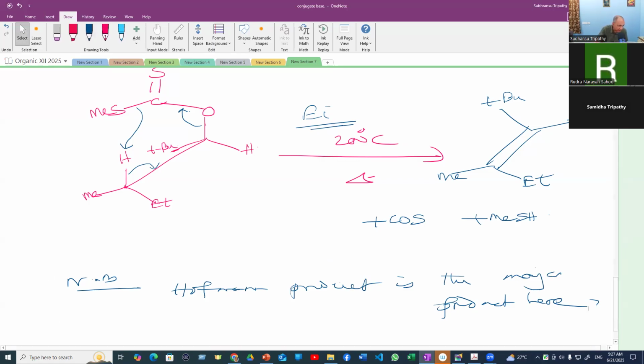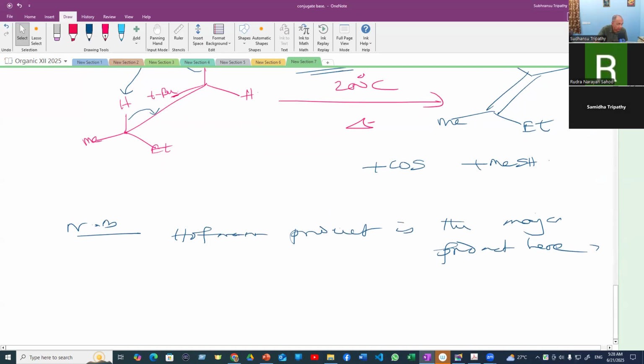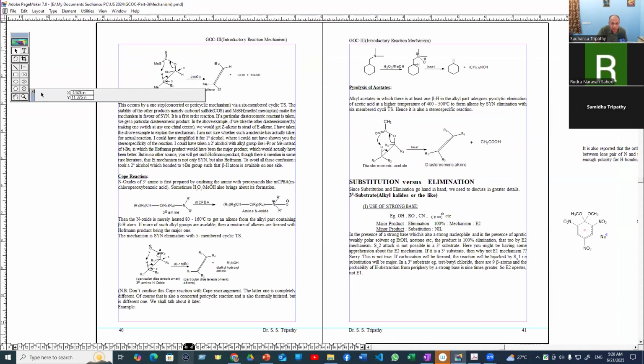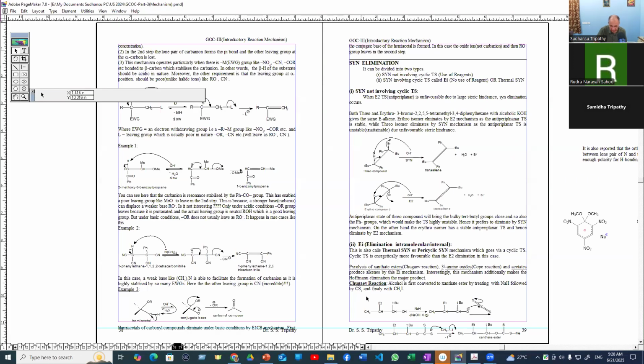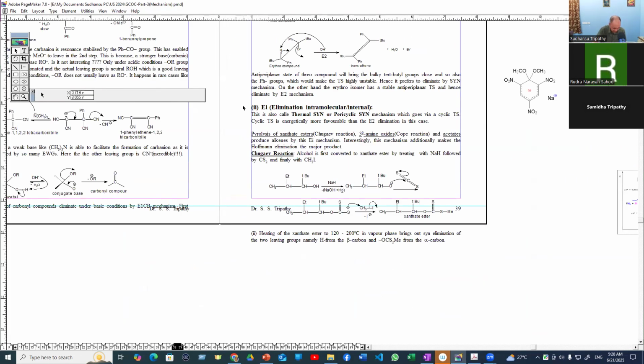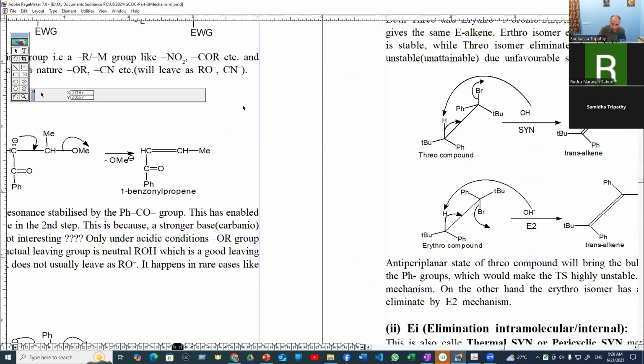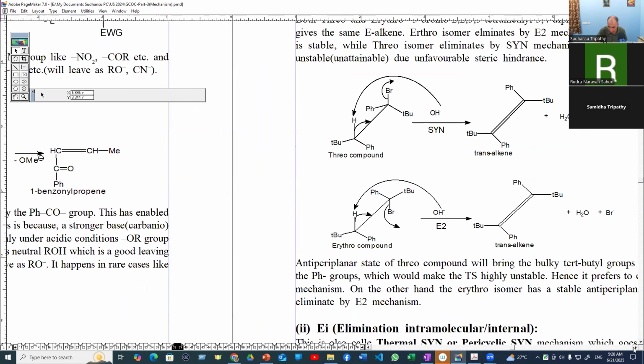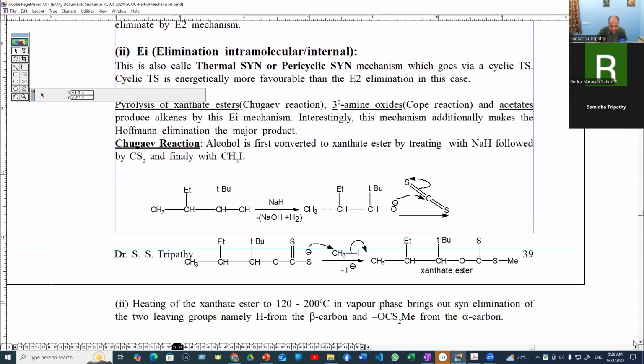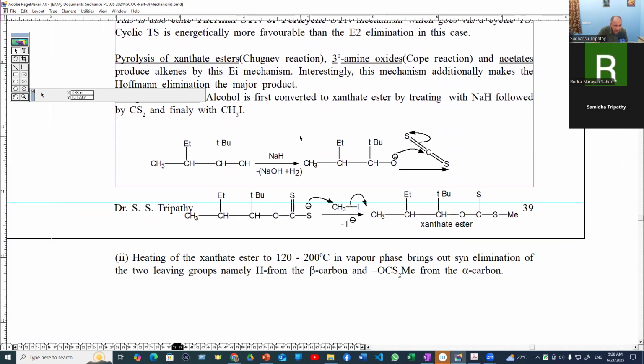Then similarly, I am showing you the amine oxide and how it is prepared. Now see, let me make it a little bigger so that you will know the steps to make xanthate esters. You take the alcohol, then use a strong base like sodium hydride to produce the alkoxide ion, and then treat it with carbon disulfide.